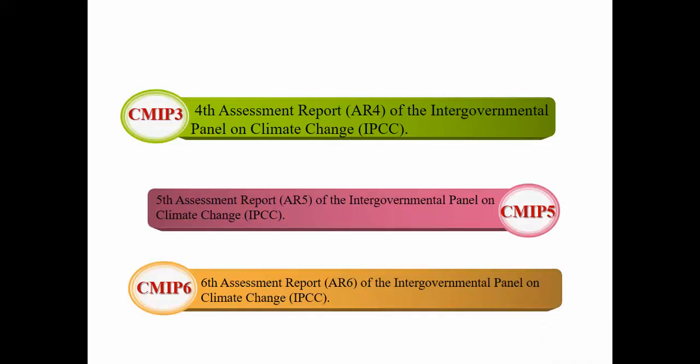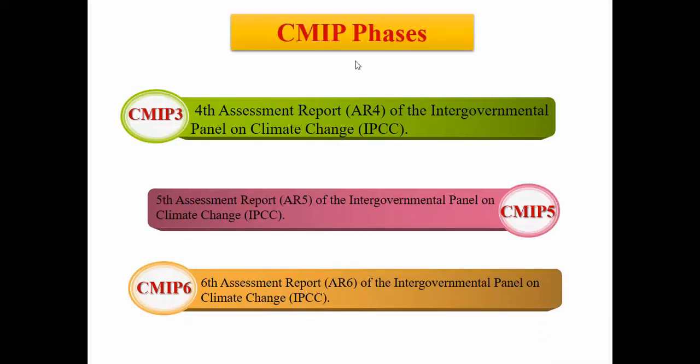CMIP, as I told you before, has different phases. CMIP3 was developed according to the fourth assessment report of IPCC. It tried to make models in different scenarios such as A1, B1, and the rest between A and B and the others in these families.